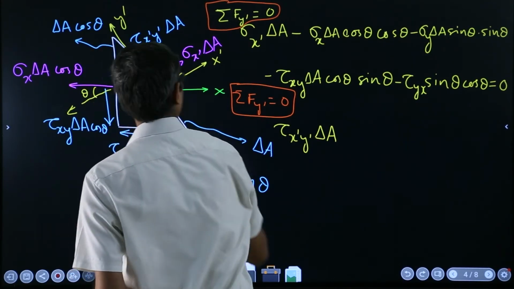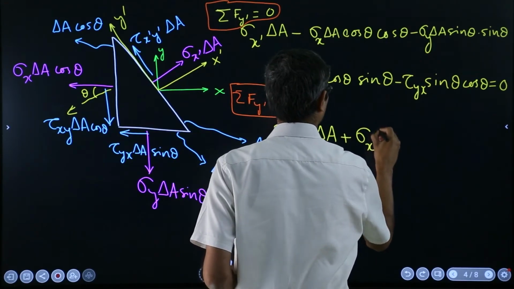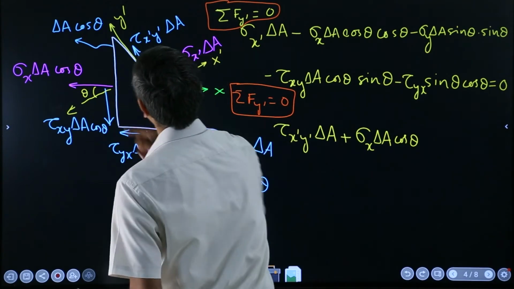Now, here it is plus sigma x delta A cosine theta and sine theta.